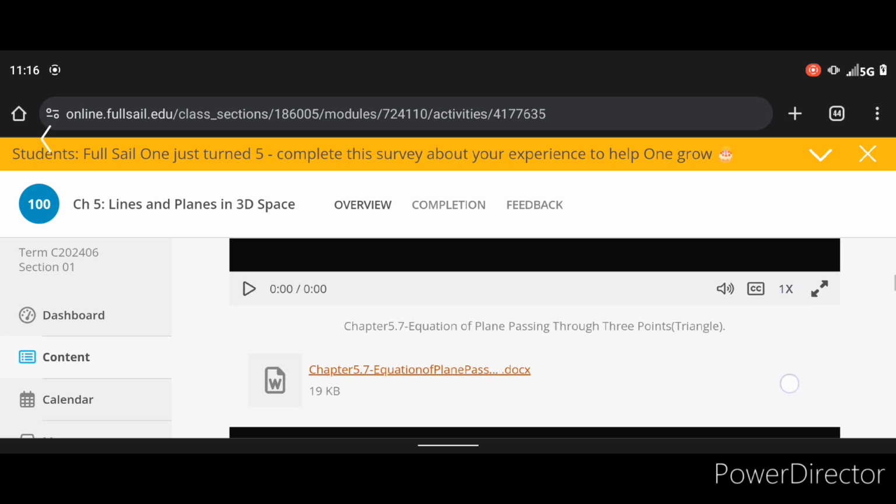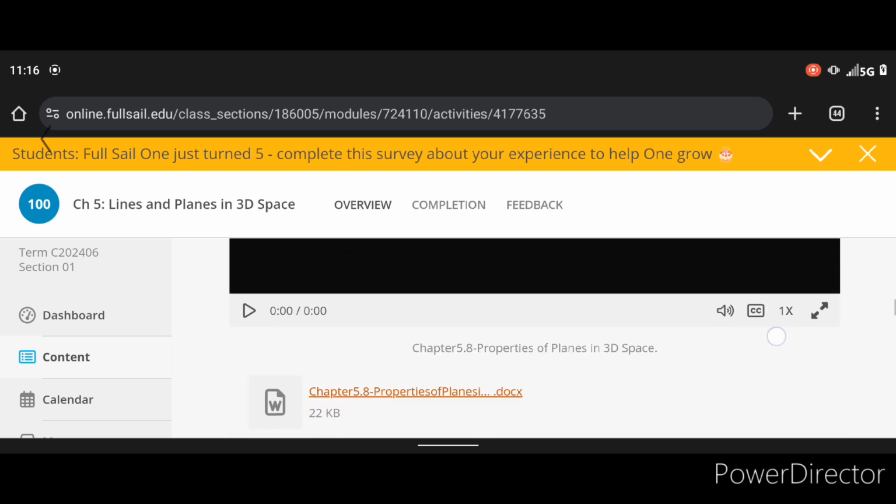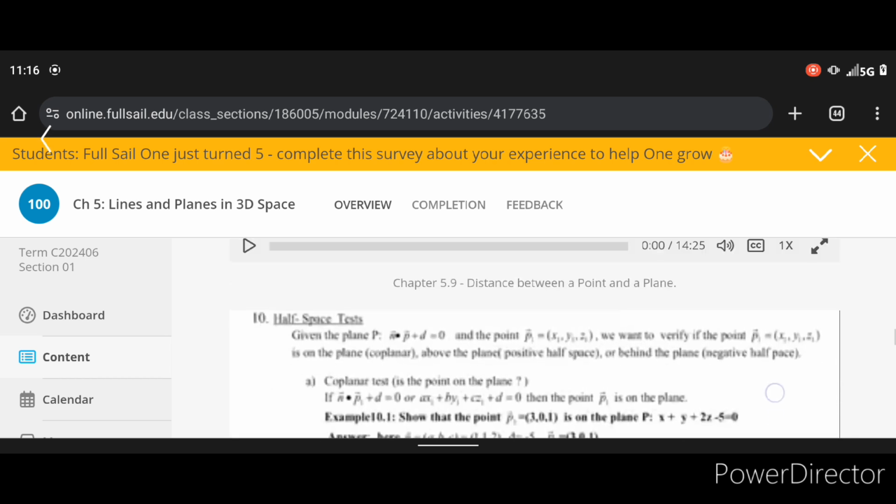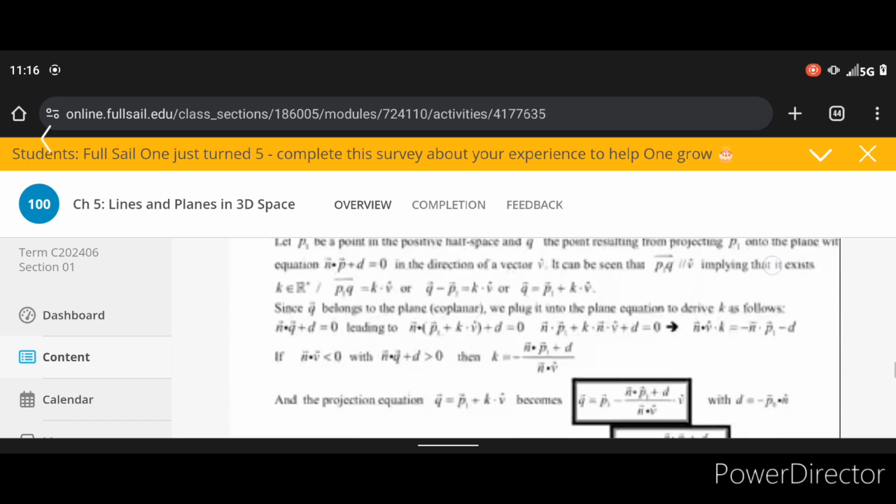This was something I hadn't seen before. And then finally, the projection of a point onto a plane.